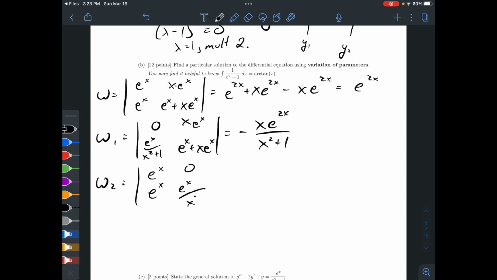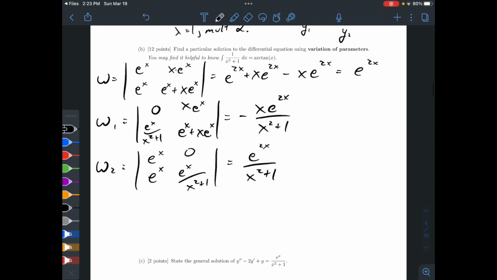So e to the x, x squared plus 1. So we'll get e to the x times e to the x over x squared plus 1, and then minus 0. I won't bother writing that. So this is just going to be our W2. Probably writing too big. I feel like I'm going to run out of space, but it's fine.